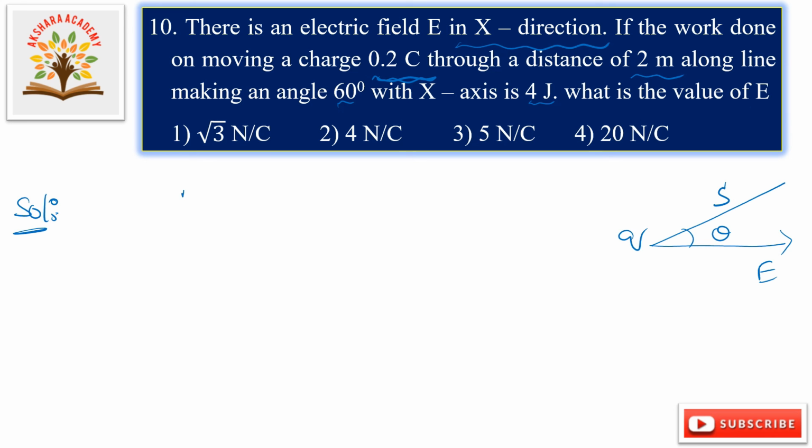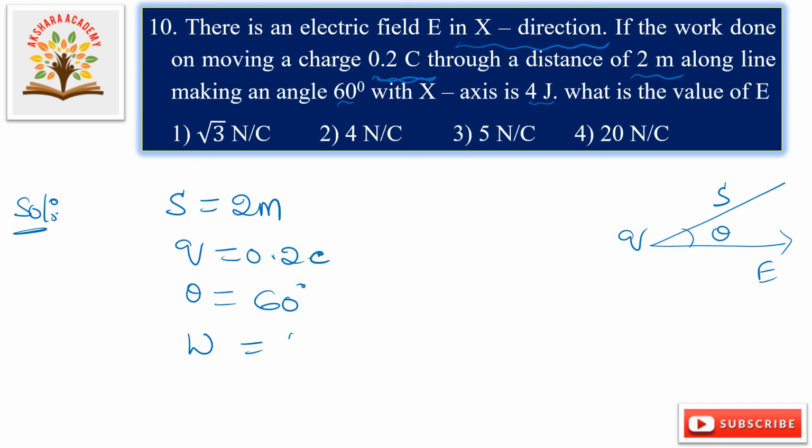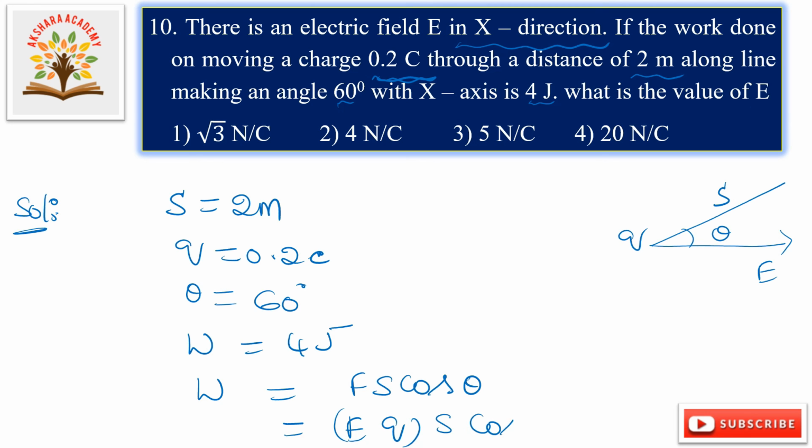Now they given s is equals to 2 meters and q is equals to 0.2 coulombs, and theta they given as 60 degrees. Work done they given as 4 joules. Work done is equals to F S cos theta. This can be written as EQ into S cos theta.